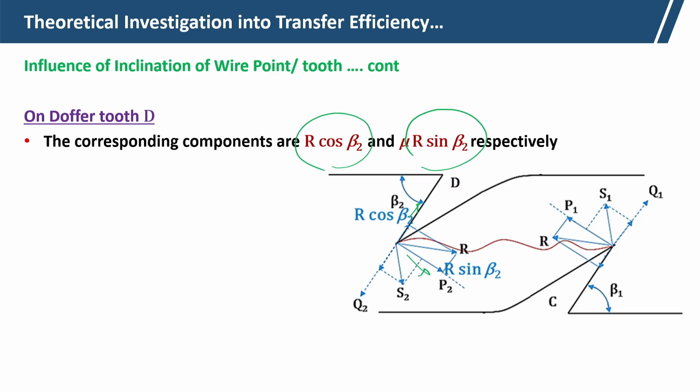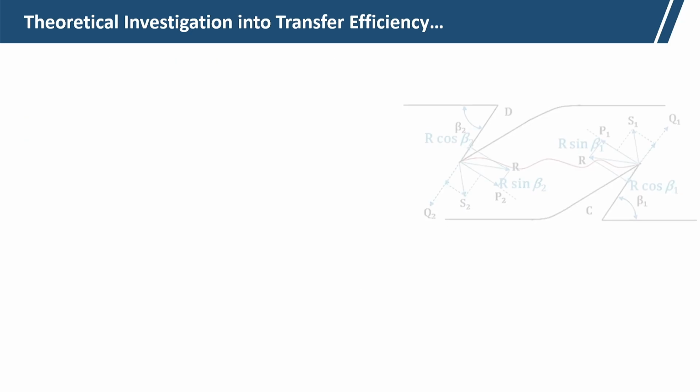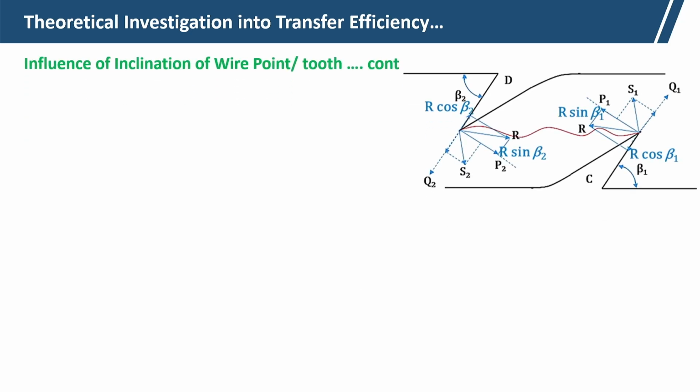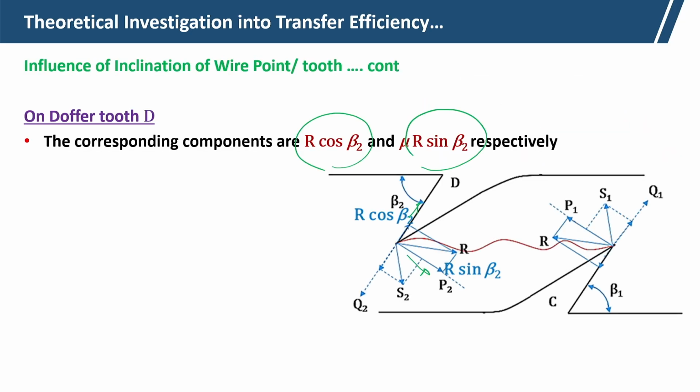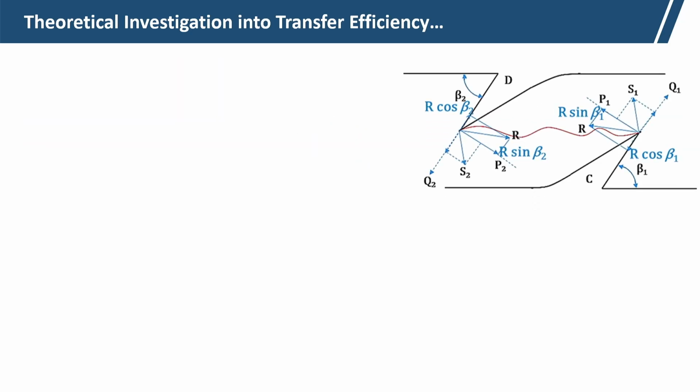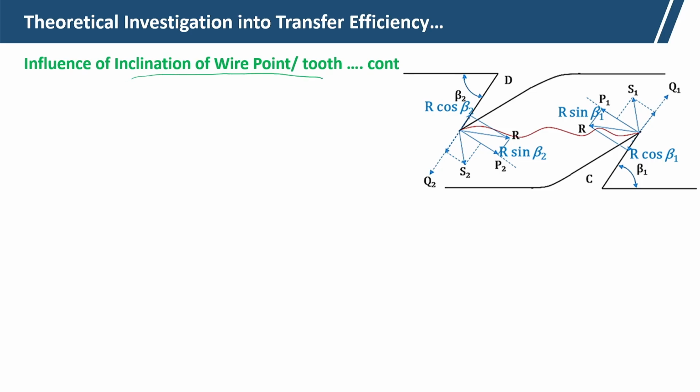Again, R cos beta 2 will try to pull the fiber towards the doffer. So this is the influence of the inclination of the wear point. We will continue with this.